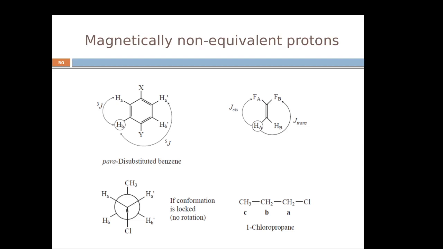In such a case, if you consider these two nuclei in the molecule, HA prime and HB prime, the extent of interaction between HA prime and HB would be entirely different from the extent of coupling between HB prime and HB here. Then you can say that HA prime and HB prime are magnetically non-equivalent. I leave the last example to you, 1-chloropropane, where you can identify magnetically non-equivalent protons.